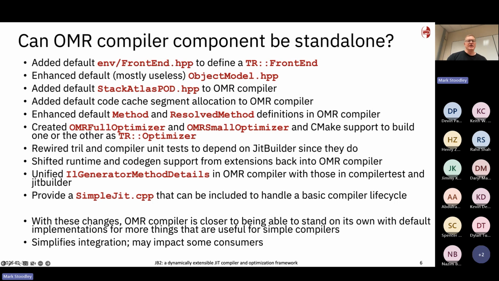Slightly more advanced was to enhance what the default method and resolved method definitions look like in the OMR compiler. This one's a more complicated change, and I confess I don't have all the details in my head right now, because I didn't refresh myself on the commit before I came here.